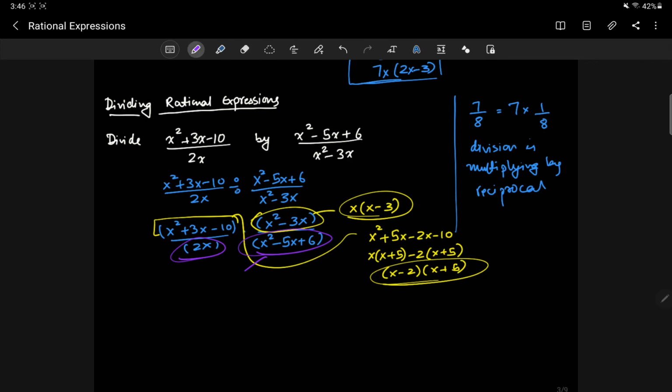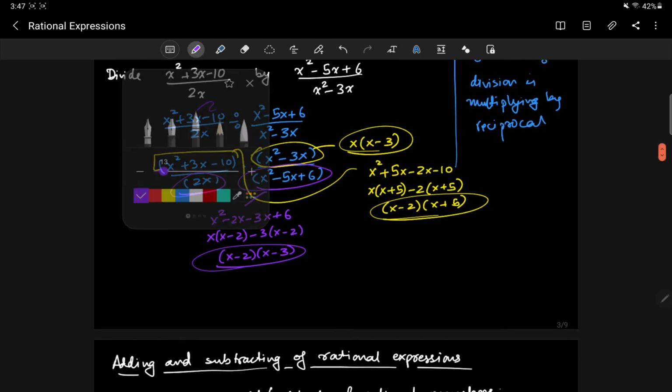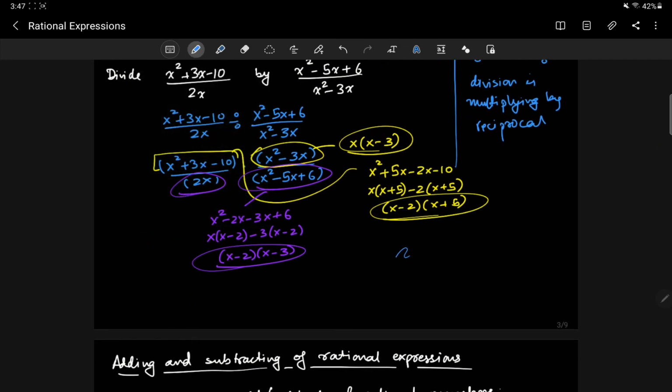The splitting should be, because I need the product to be positive, it's x² - 2x - 3x + 6, x times (x - 2) - 3 times (x - 2), which becomes (x - 2)(x - 3). Therefore, the whole thing now becomes x times (x - 3) times (x - 2) times (x + 5) over 2x times (x - 2) times (x - 3).